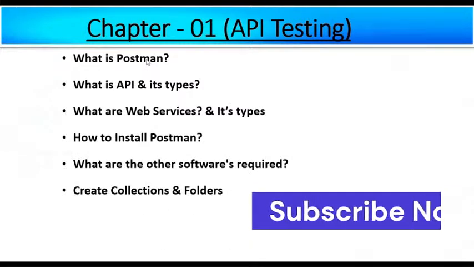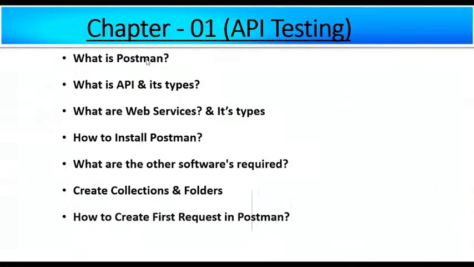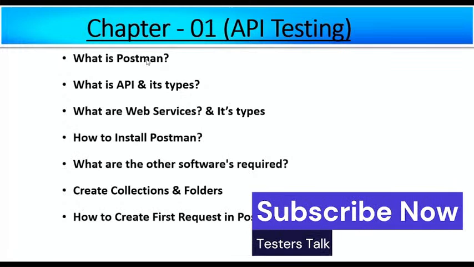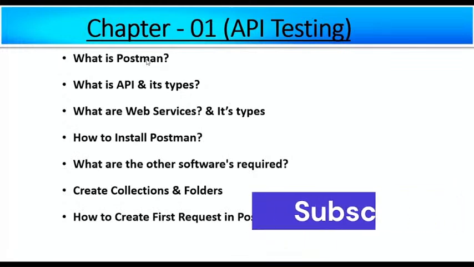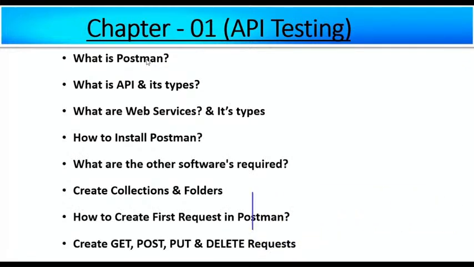Then I will discuss how to create collections and folders. Then we will discuss how to create the first API request in Postman. Then finally, we will create the get request, post request, put request, and delete request. That is nothing but the CRUD operations.